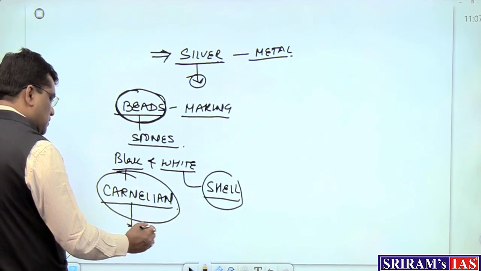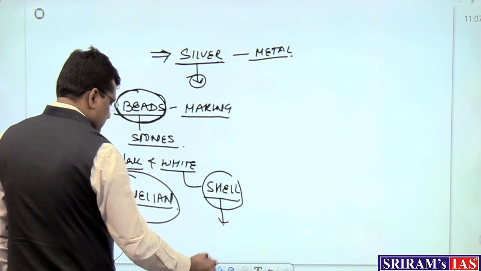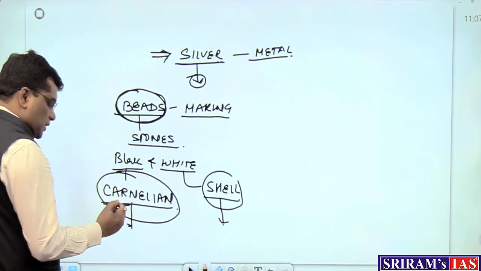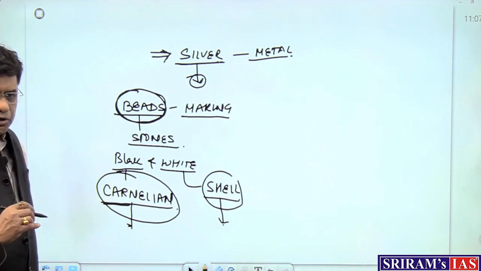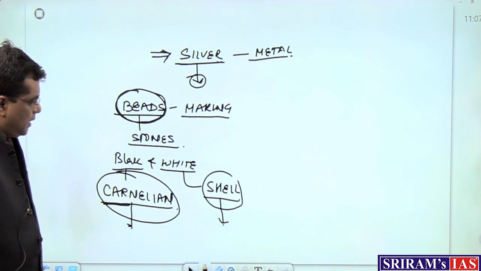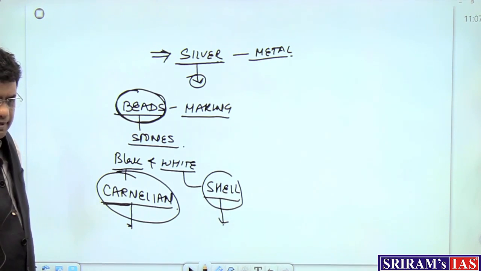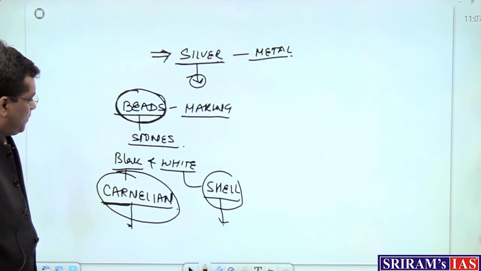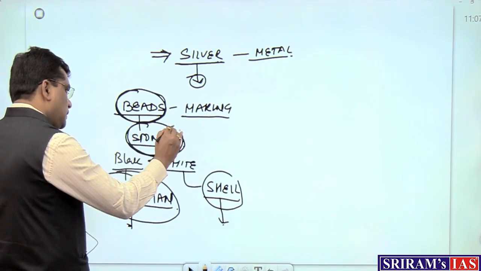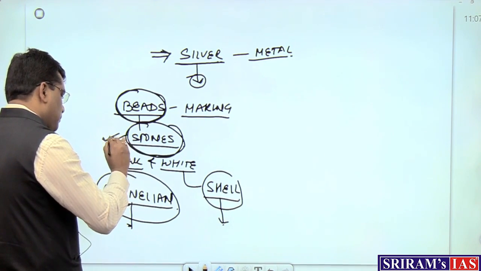Carnelian is basically an astrological stone of black color, and the white is shell.